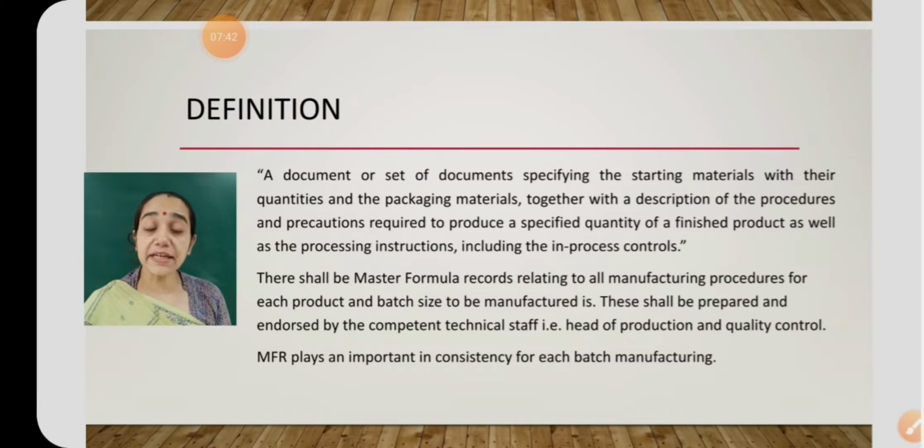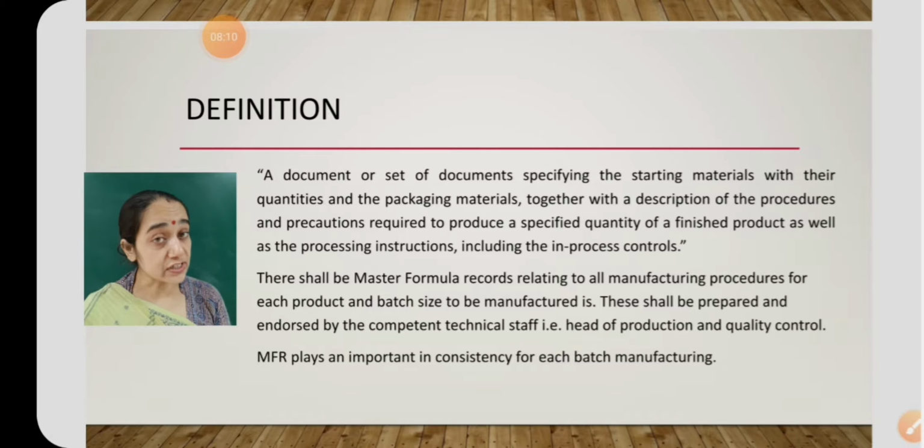It is endorsed by the competent technical staff, that is the head of production as well as the head of quality control. The head of production are those individuals who have the governance over how the process is going on, at what rate and according to the requirement, and whether they are following GMP and the suitable guidelines for production of a particular product.